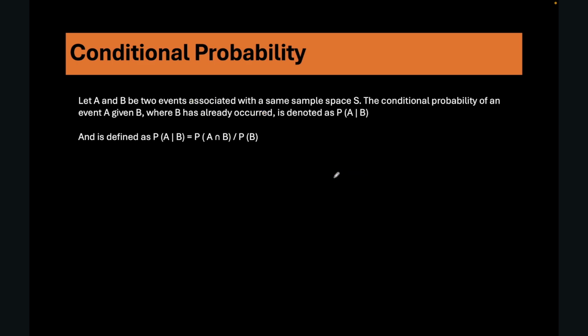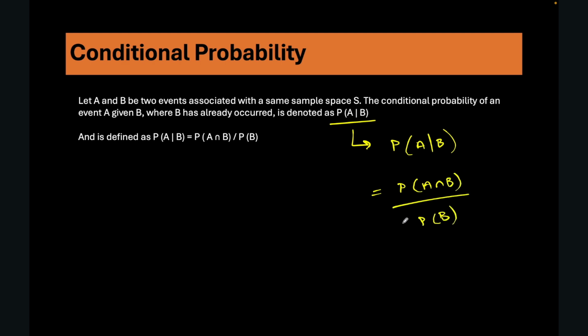Okay, now let's get to what the definition of conditional probability is. Let events A and B be two events associated with the sample space S. The conditional probability of an event A given B, where B has already occurred, is denoted as P(A|B), probability of A given B. This is how it's commonly written, with parentheses A and a vertical bar and B. It basically translates to the probability of the intersection of A and B, given that B is already occurring.